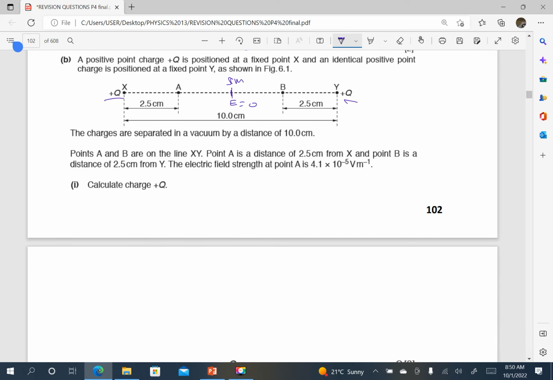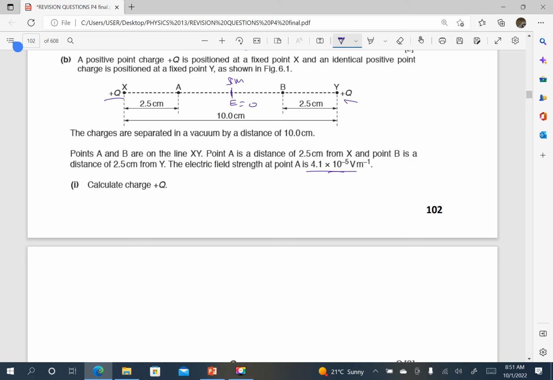So points A and B are on this line XY. Point A is a distance 2.5 from X and point B is a distance 2.5 from Y. The electric field strength at point A is that. Note that to find electric field strength at a point, we imagine a positive charge there.